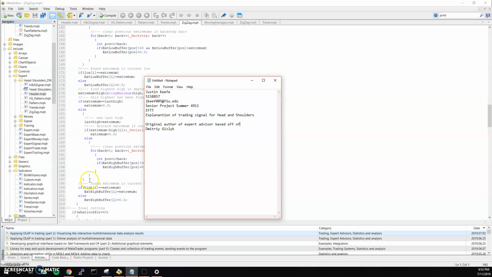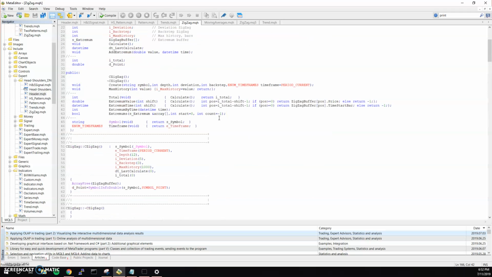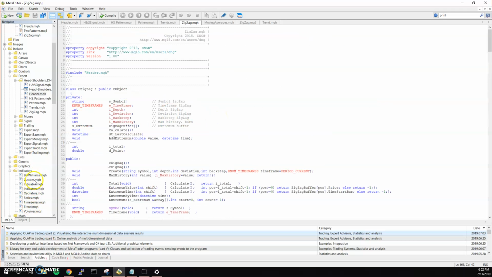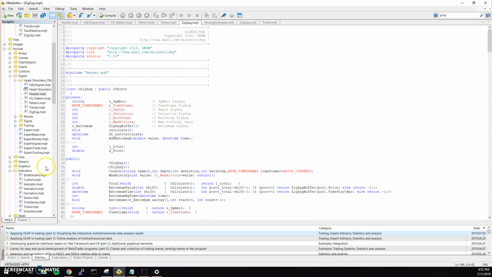Okay, so without further ado, let's get into this. So, as I said, the expert advisor he created uses stuff from the standard library and modifies it. For example, this zigzag class is based off of an indicator for zigzag that's present in the standard MQL5 library.